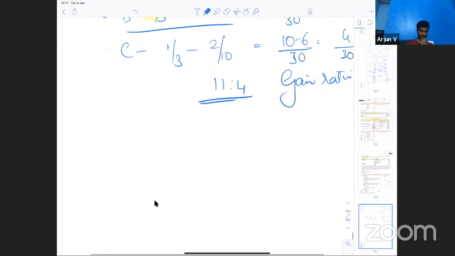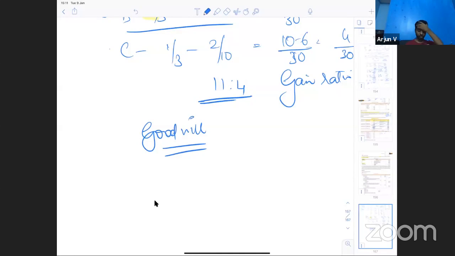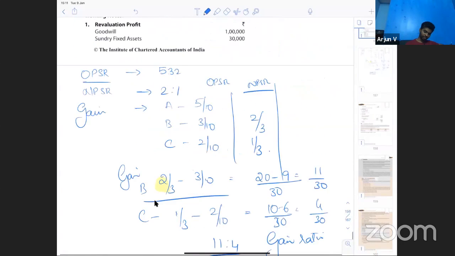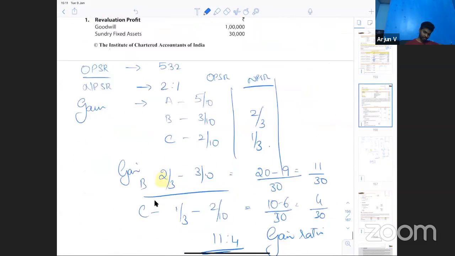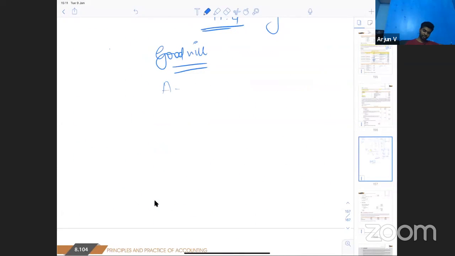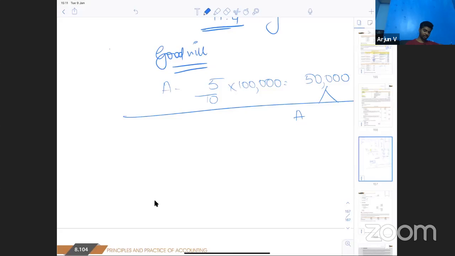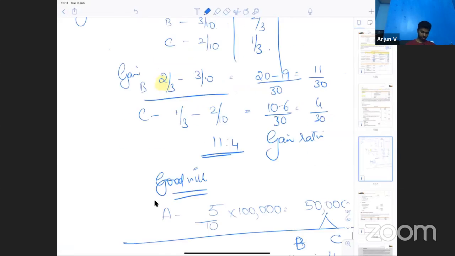What is the goodwill of the firm? The goodwill of the firm is 1 lakh. A's share of goodwill will be 5 by 10 of 1 lakh, which is 50,000, right? Which will be divided between B and C in the ratio 11:4.